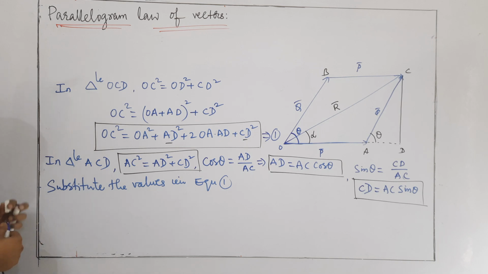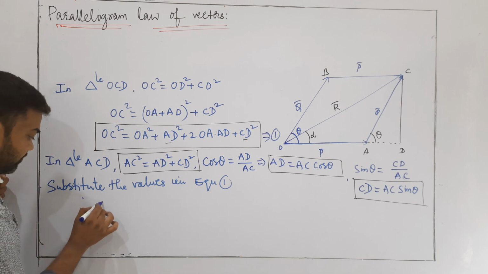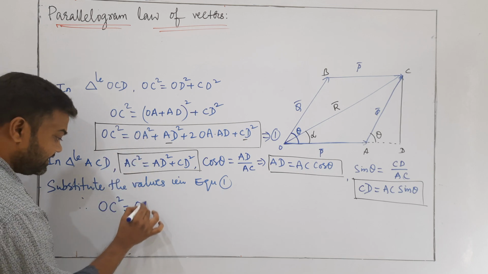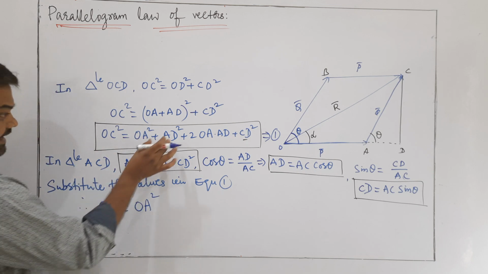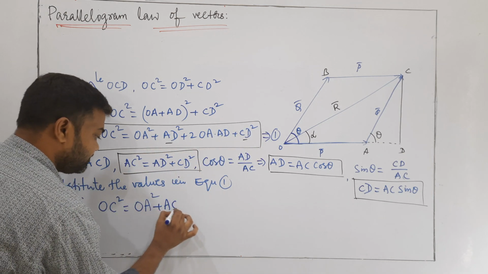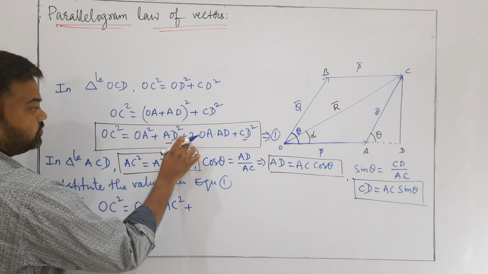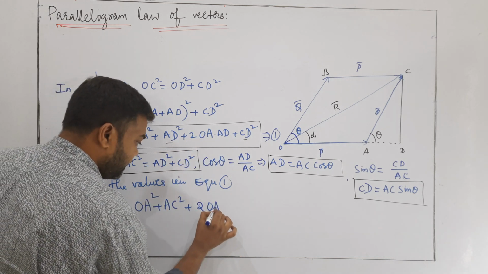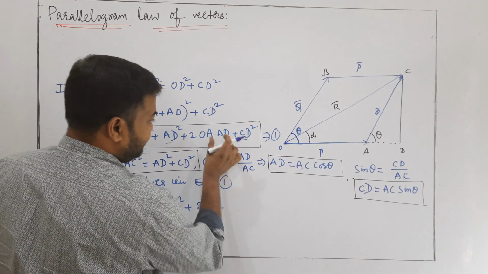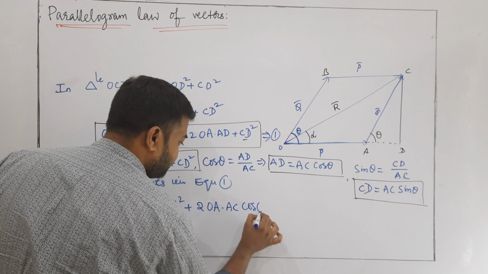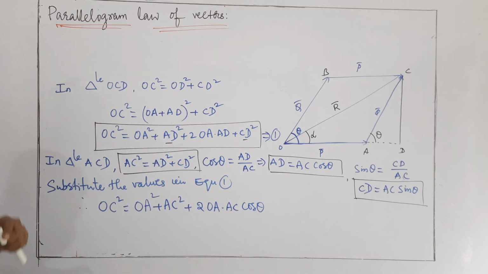Therefore, OC square is equal to OA square as it is, plus AD square plus CD square, which is nothing but AC square, plus 2 OA and AD. What is AD? AC cos theta. Like this I can write.